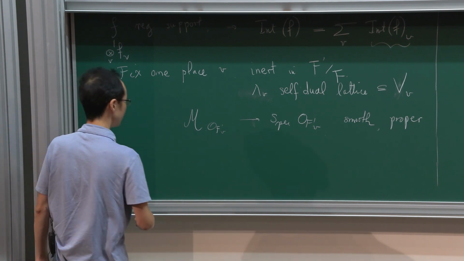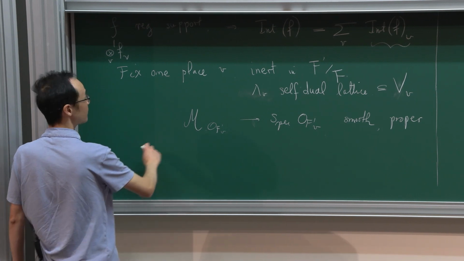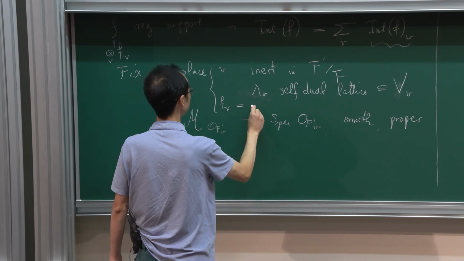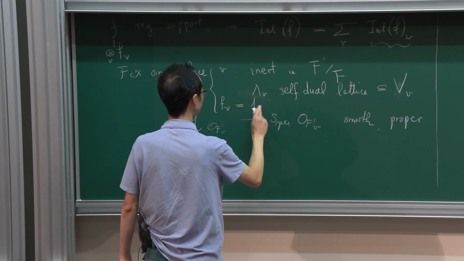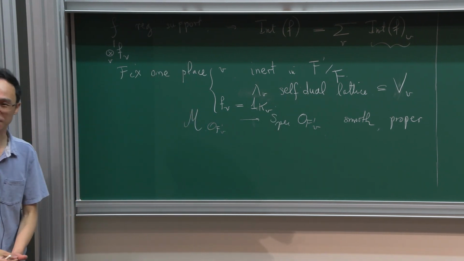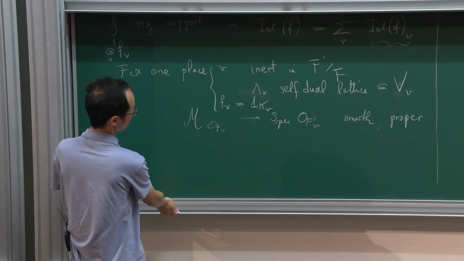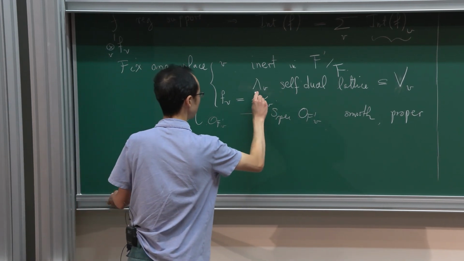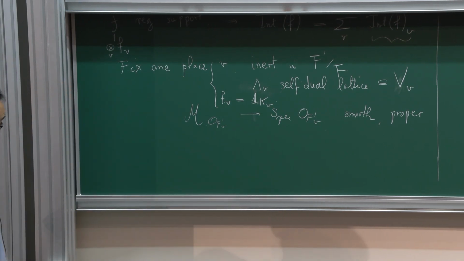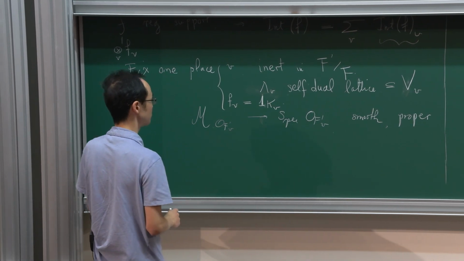So now let's also assume f_v, so here f_v is the stabilizer K_v. So really, it's the product of two unitary groups. So for each, this is a unit of the Hecke algebra, the spherical Hecke algebra.